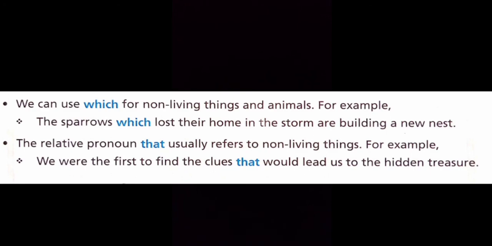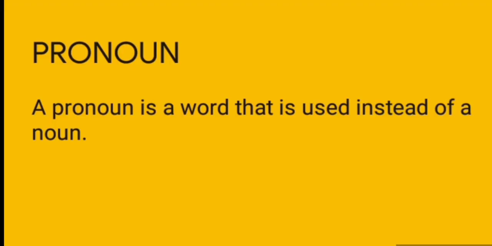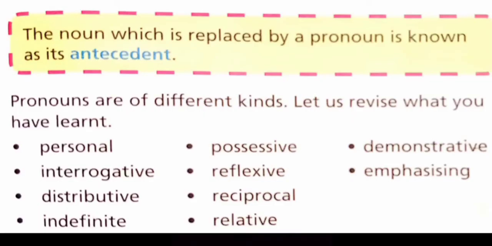Now, let us recap the chapter. A pronoun is a word that is used instead of a noun. Pronouns are of different kinds: personal, interrogative, distributive, indefinite, possessive, reflexive, reciprocal, relative, demonstrative, and emphasizing.